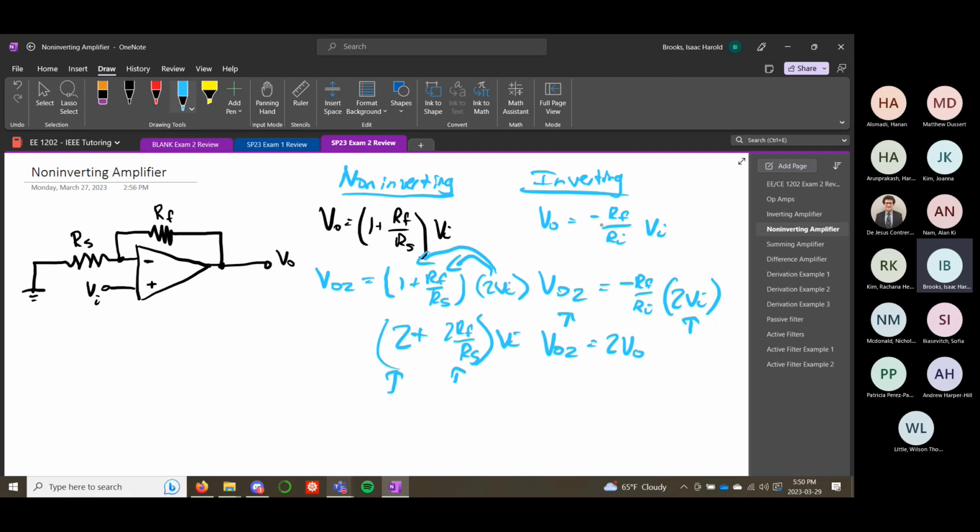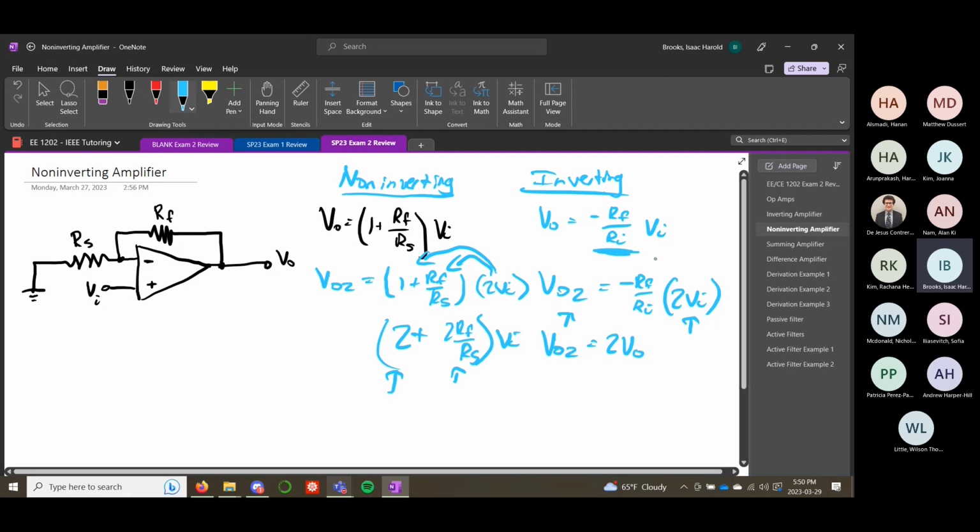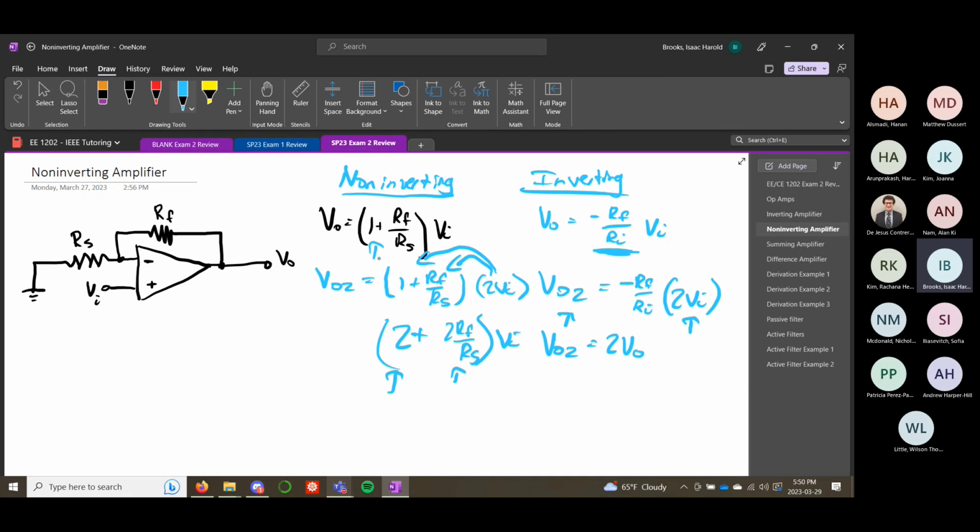So in the inverting equation, the only thing that affects the gain is the resistors. So if you have small resistor values, it's still only going to be the resistors that affect the gain. But for the non-inverting case, you have this extra term of 1, which makes the gain a little bit more complicated. You get a little bit less control with your resistors. Usually it's not going to make that big of a difference if you have a big gain, but it's this property that is why we're using the inverting amplifiers.